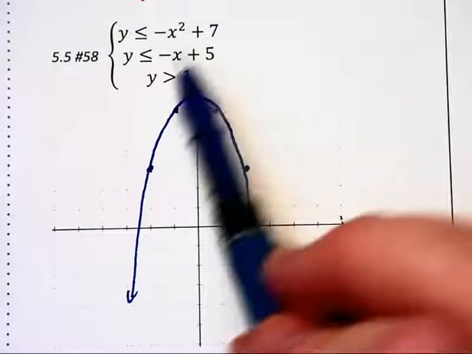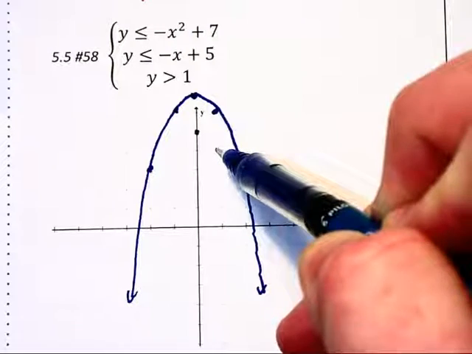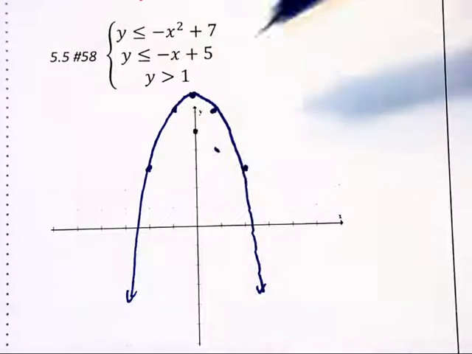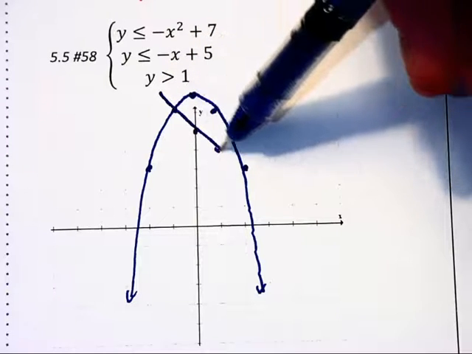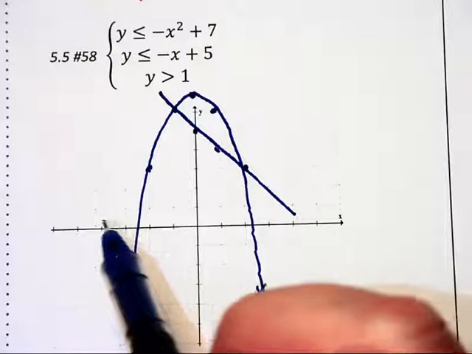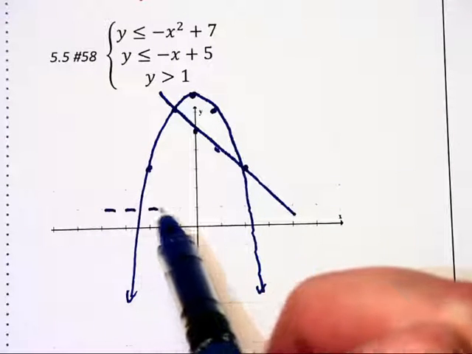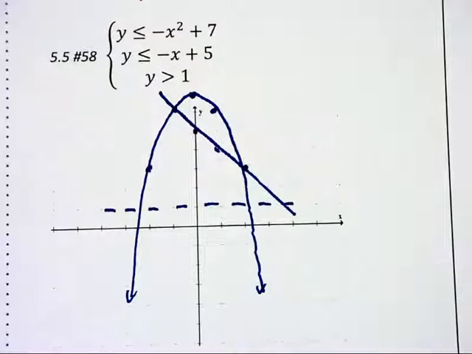y equals negative x plus 5 has a y-intercept at 5 here. It goes down 1 over 1, and so I think we can see where the boundaries are going to be for that one. And y greater than 1 gives us a dashed line boundary just above the x-axis there.